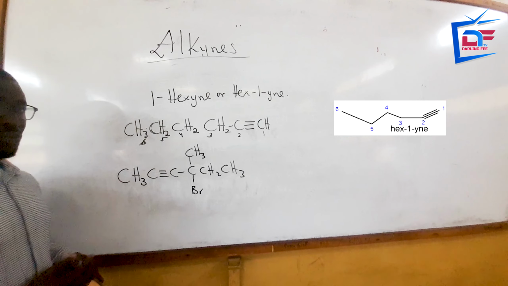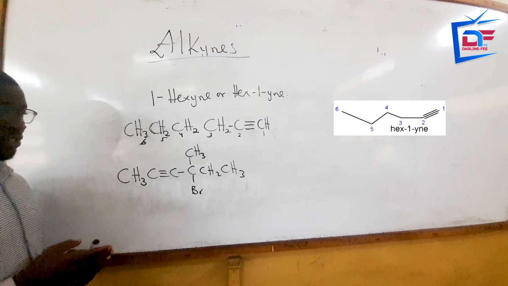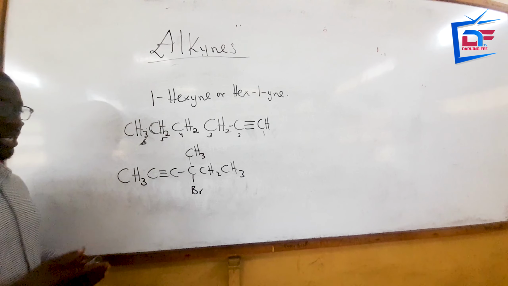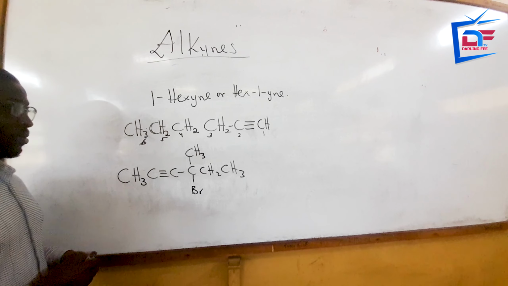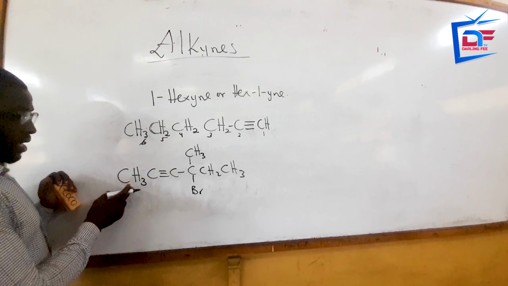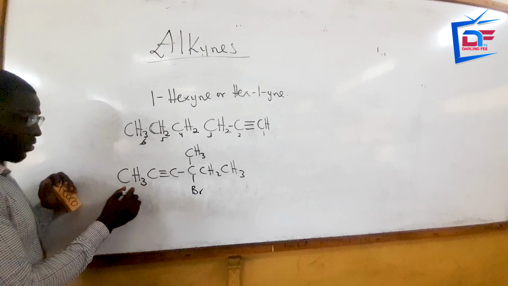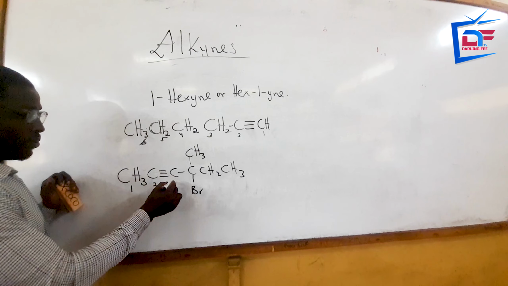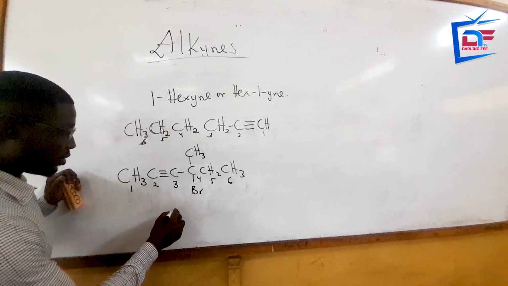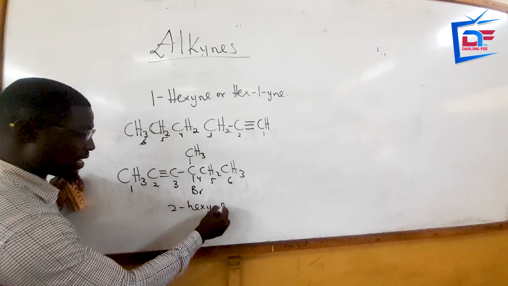Now what about if you have 2 or more substituents on the chain? So according to the rule, we are to consider the continuous carbon chain containing the triple bond, then we look at other substituents, and the other substituents will have to be arranged in alphabetical order. So looking at the position of the triple bond, we can only start the counting from here. So we have 1, 2, 3, 4, 5, 6. It's going to give us 2-hexyne.